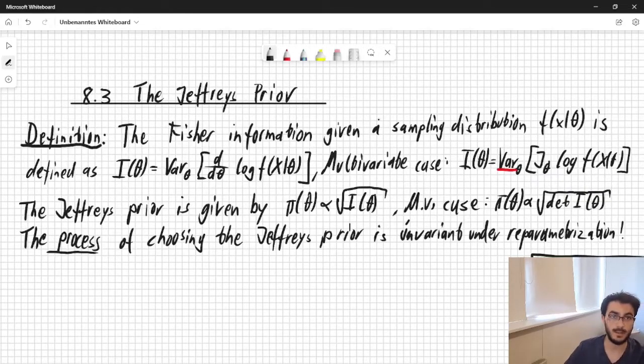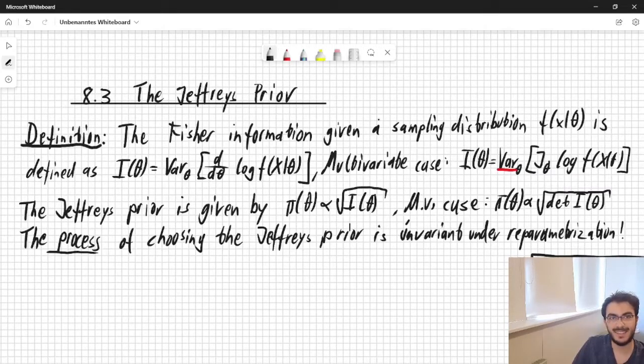There's a very nice article on this in Stack Exchange, which I'm going to link in the video. So what am I saying when I say the Jeffrey prior is invariant? The process of choosing the Jeffrey prior is invariant under reparametrization.